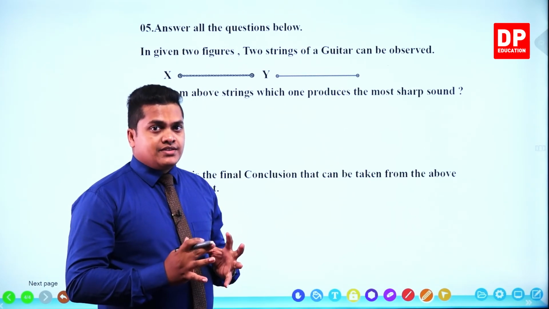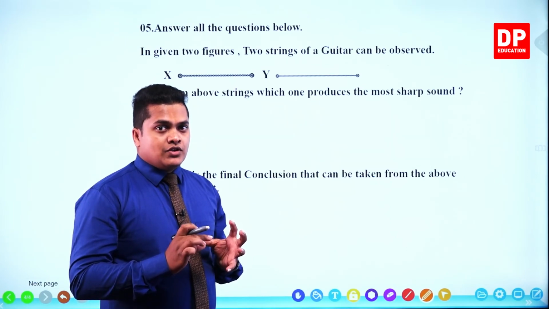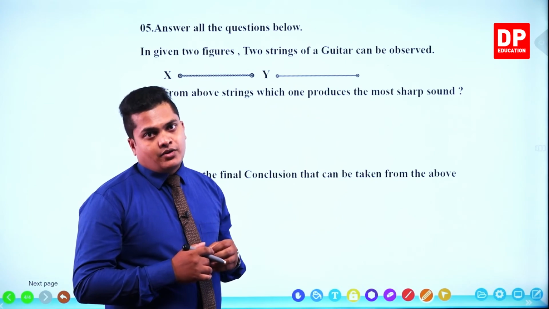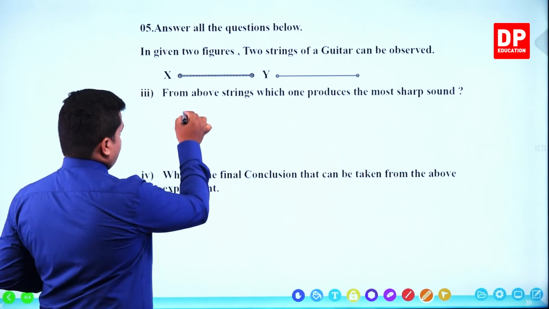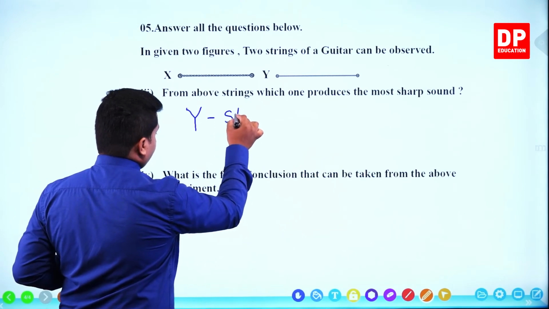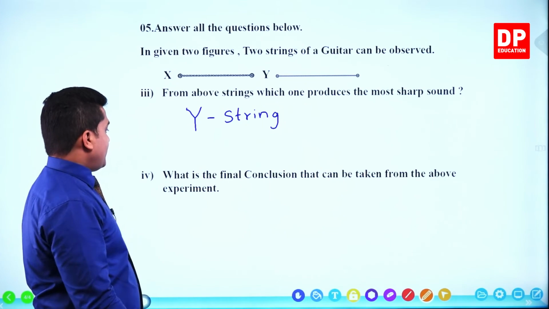Y string is the answer because it has a low thickness, so it produces a sharp sound because it has a high frequency. So the answer is again Y string.